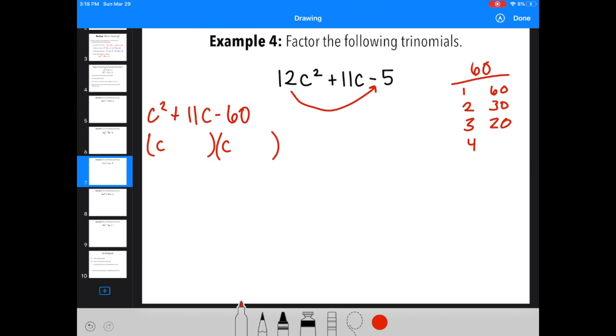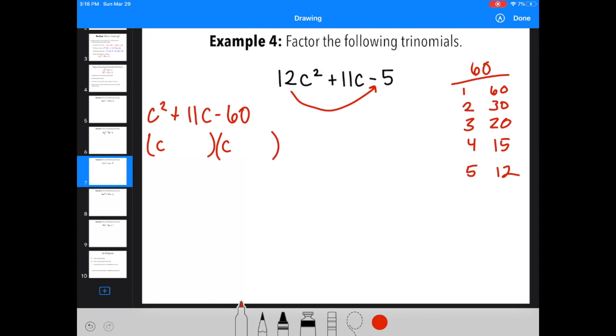4 and, what's 60 divided by 4? Let me get my calculator. I can't do that one off the top of my head. I can do a lot of things, but that's not one. 15. Uh-oh, I think that's a good one. 5 and 12.